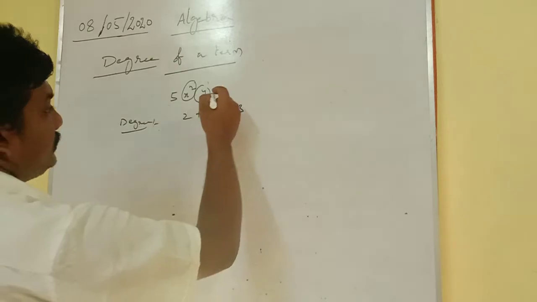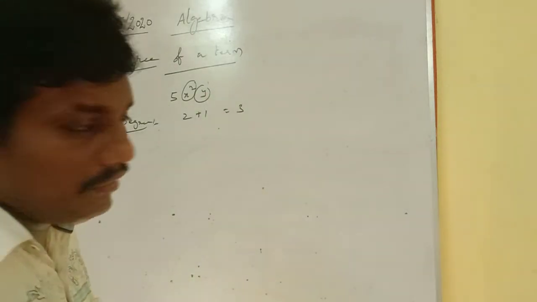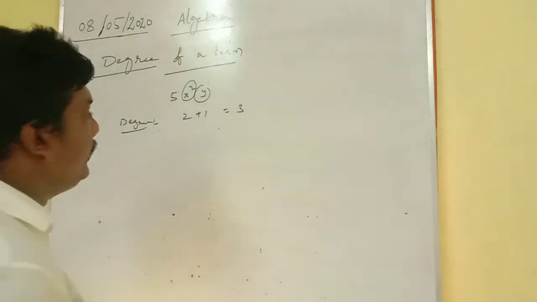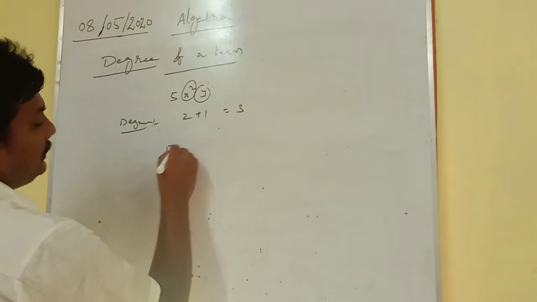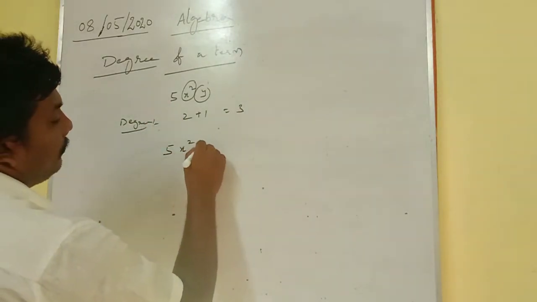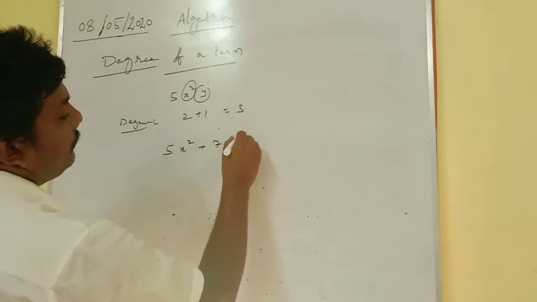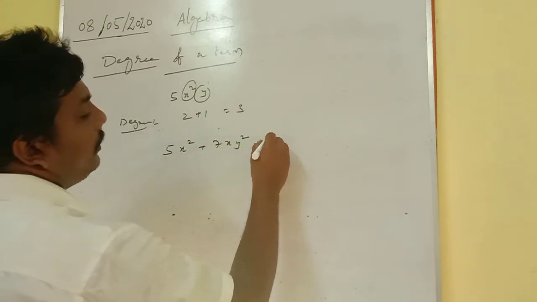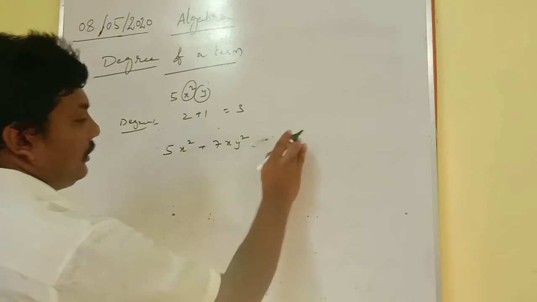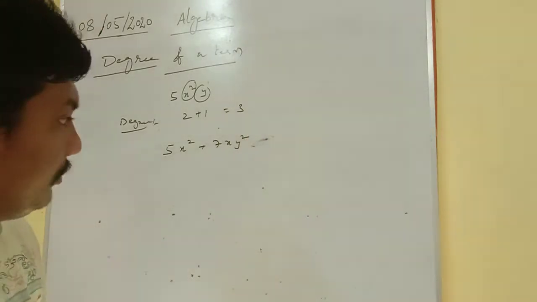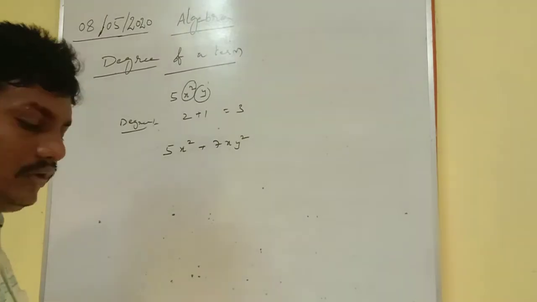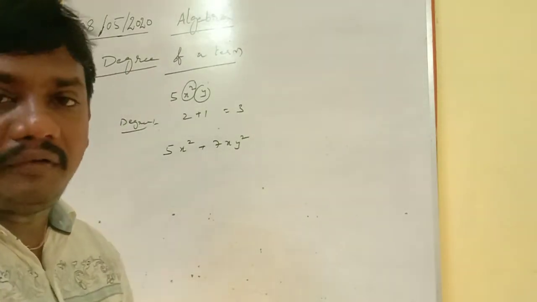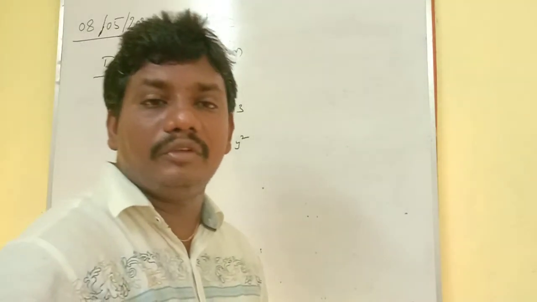This is a monomial. Whereas for a binomial, how can we decide the degree? Consider the binomial 5x square plus 7xy square. Before finding the degree of the binomial, we have to split the binomial into two monomials.